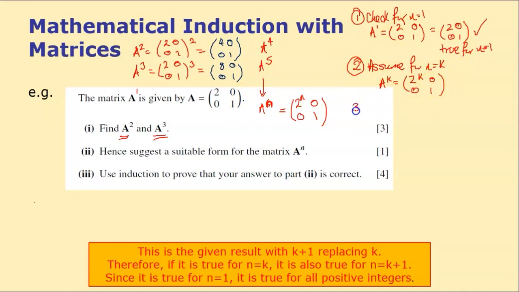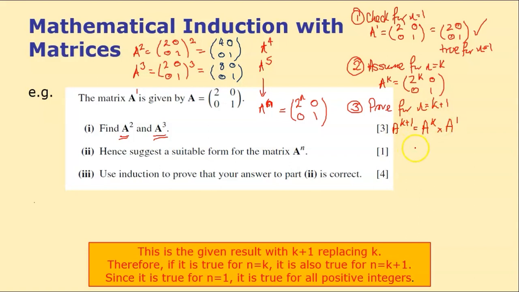Now this step 3 is the tricky step. This is where we're going to prove for n equals k plus 1. And to do this, what I have to do is go back to thinking, well, what is A to the k plus 1? And it's obviously equal to A to the k times by A. Well, I suppose technically A to the 1.